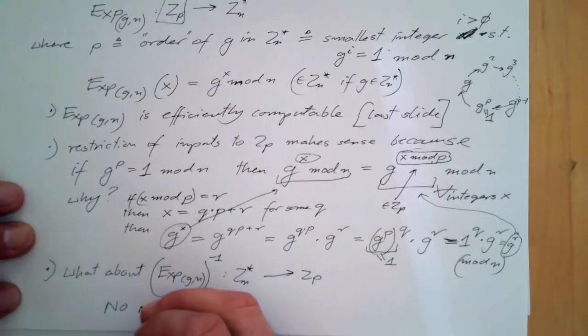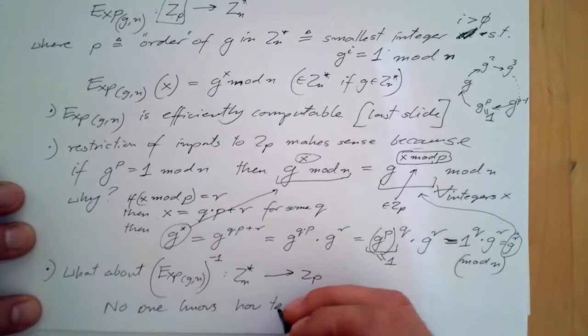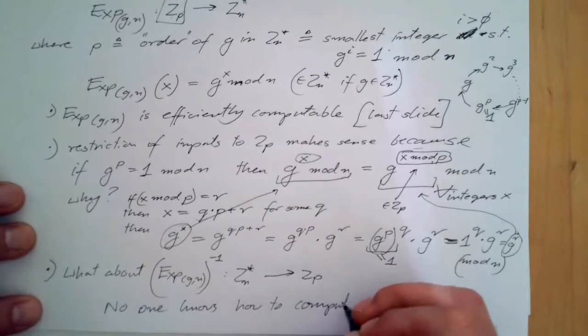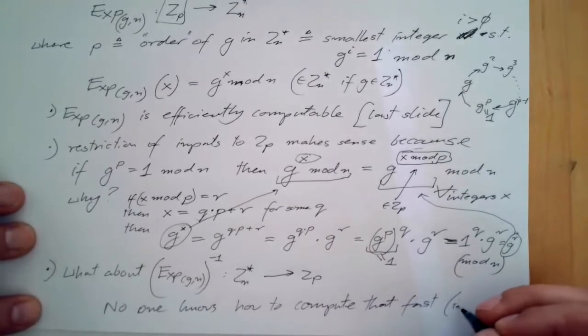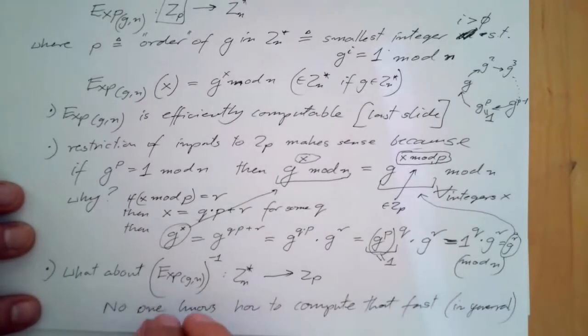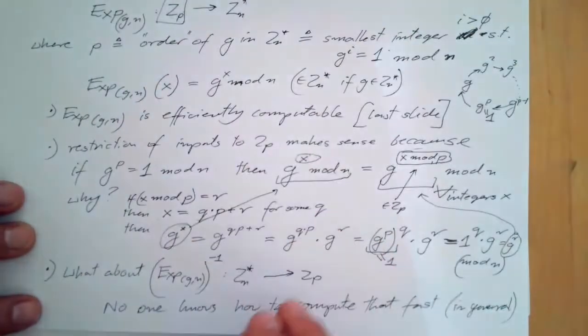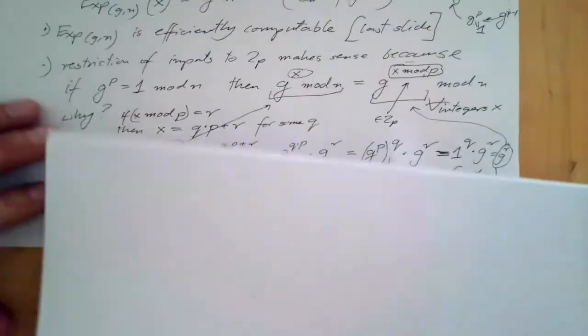No one knows how to compute that fast in general. For some moduli there are trapdoors: some moduli are basically bad, with some special structure that allows you to compute discrete logarithms. This is a discrete logarithm because it's an inverse of an exponentiation, just like the standard logarithm is an inverse of an exponentiation.